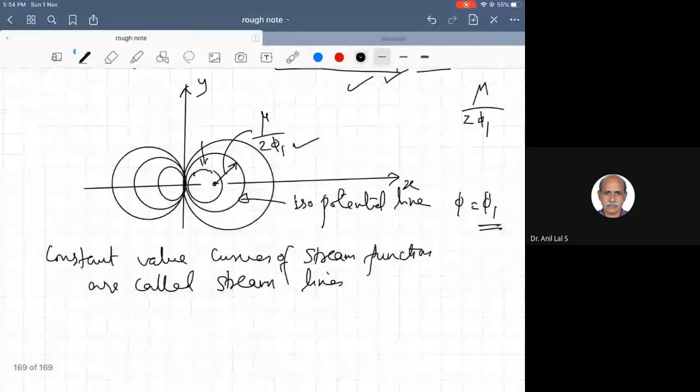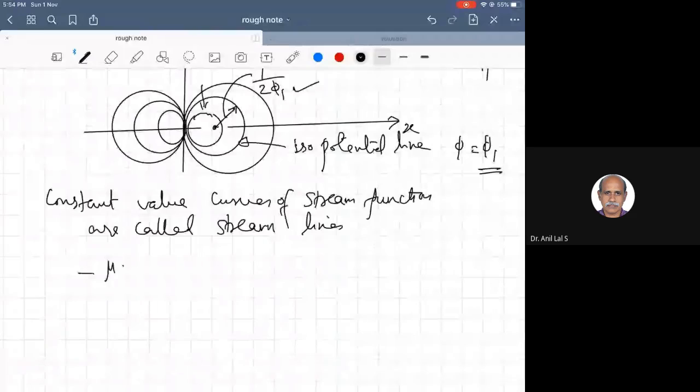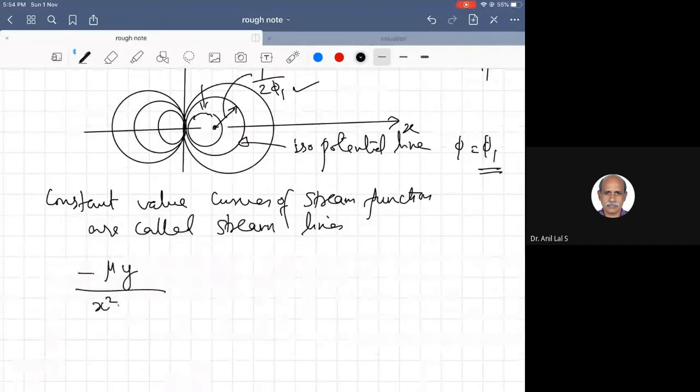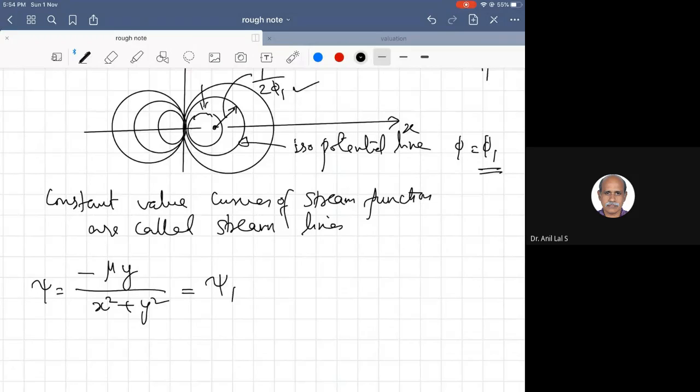So we have minus mu y by x squared plus y squared as the equation for psi, and we are writing it as some psi 1, positive psi 1. For positive psi 1, you will have the equation x squared plus y squared plus mu by psi 1 y equal to 0.